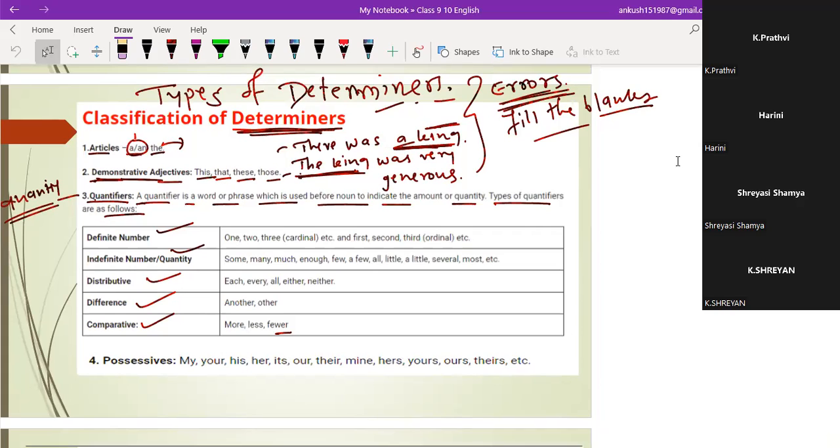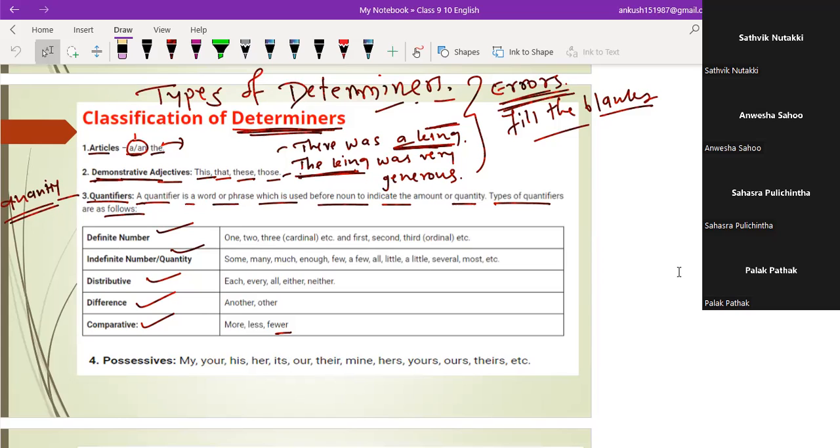Prithvi. Harini is there also, no? Yes, sir. Shreyashi, Yes, sir. I'm there, sir. Shreyan, K. Shreyan, Satvik, Yes. Anvesha, Yes. And that's Saharsh. So what is this?